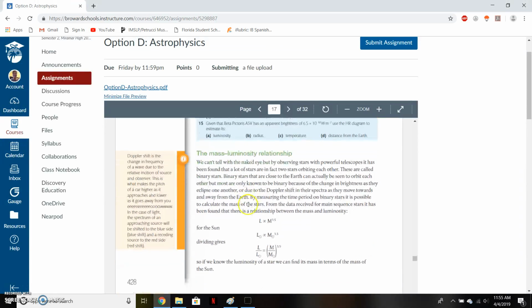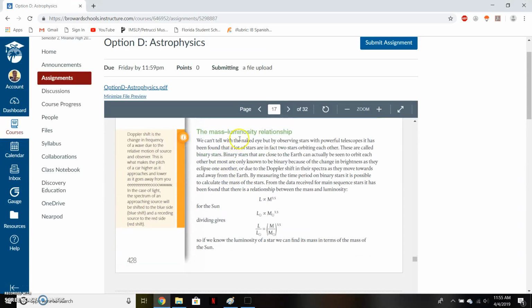So, mass luminosity relationship. This just explains that some stars that we see could be binary star systems, so that they're actually two stars, and this leads us to luminosity being equal to mass to the 3.5 power for the sun.